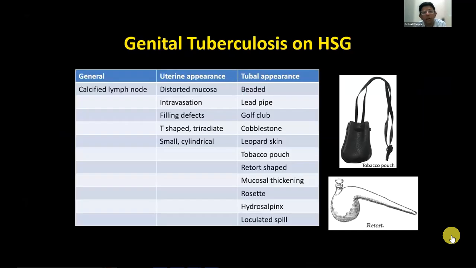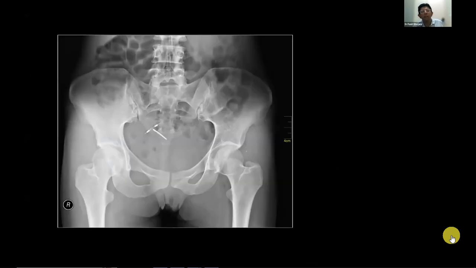So these are all the features which you are supposed to know, the books give us: the filling defects, intravasation, lead pipe tubes, golf club tube, retort, tobacco pouch, hydrosalpinx, loculated spill. Now anybody with this X-ray.